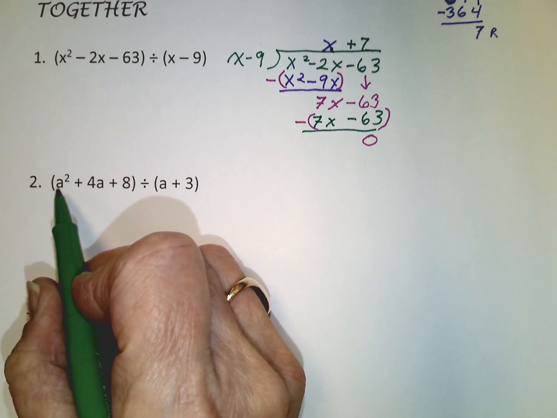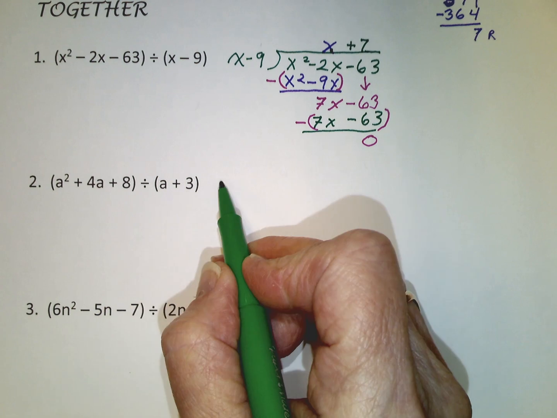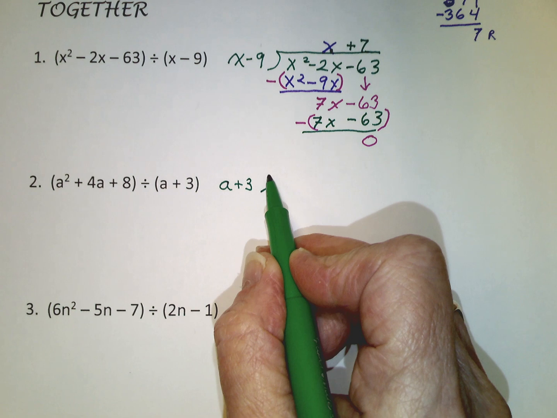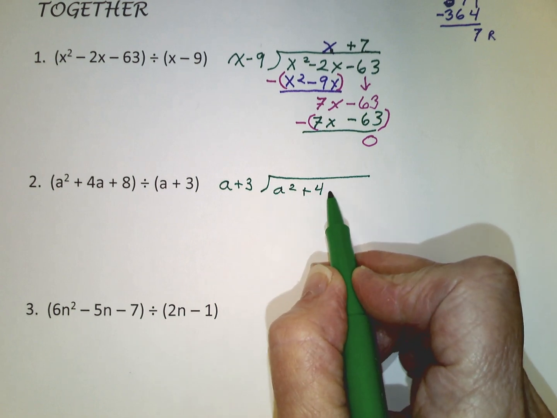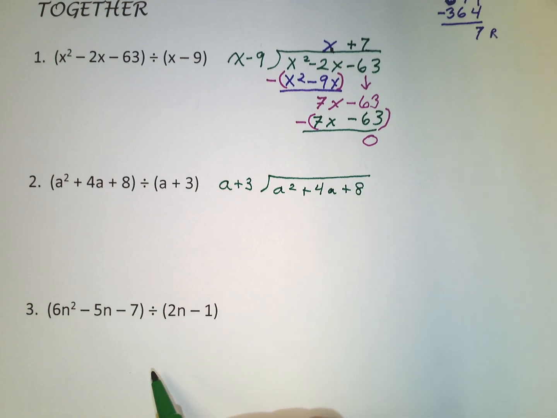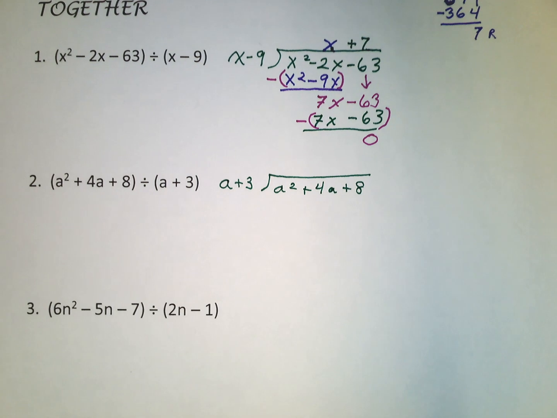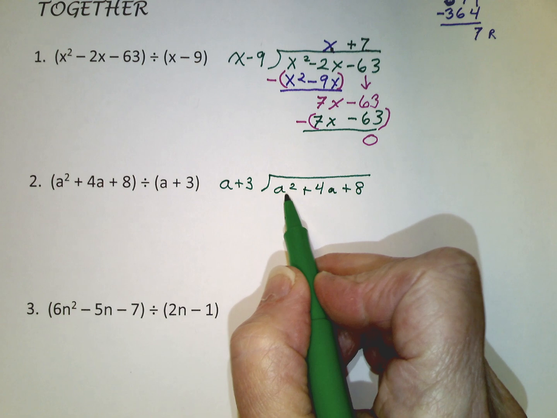Okay, it looks like we have all our place values: a squared, a constant, a constant. And we're going to be taking these two terms into these two terms, since two terms won't go into just one term.